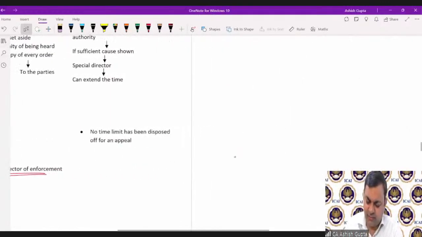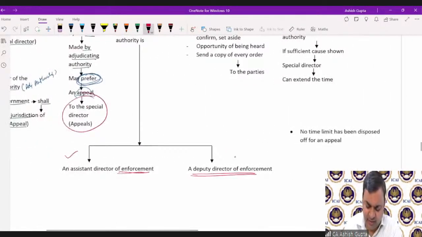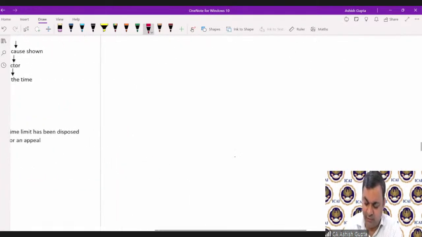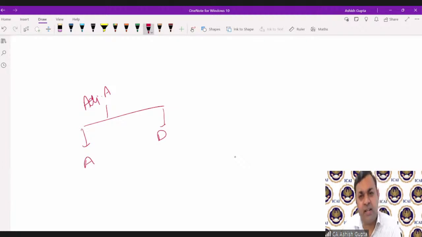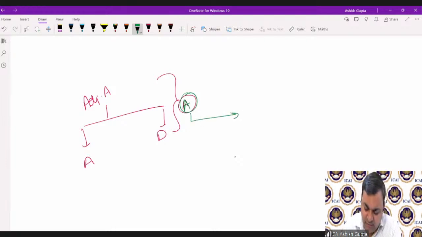Now there is a concept, right? This is assistant director and deputy. Now listen one thing. If an adjudicating authority is acting as an assistant Directorate of Enforcement or deputy Directorate of Enforcement, and suppose from their decision Mr. A is not satisfied, then Mr. A will prefer an appeal to Special Director Appeals. One more important thing.